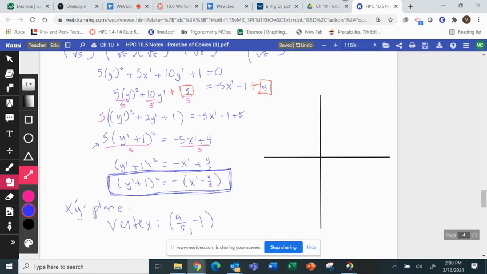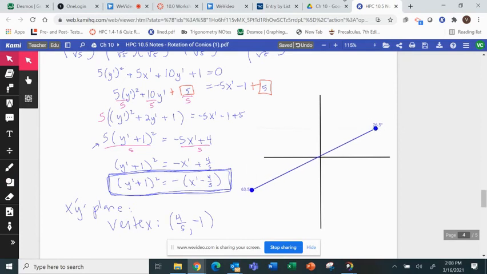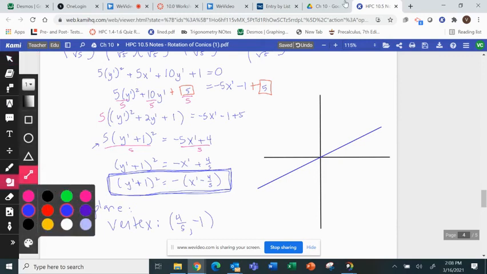Now, my rotated axes are at 26.6 degrees. Since I'm using Cami, I can somewhat be accurate. For the other way, it's not going to be 26.6.